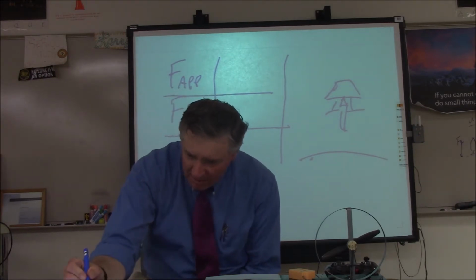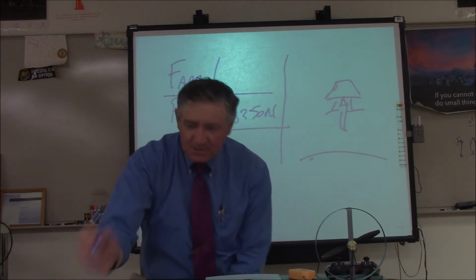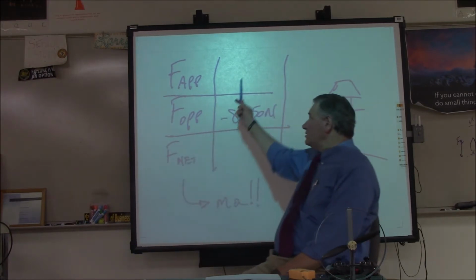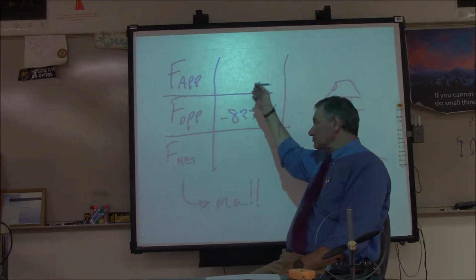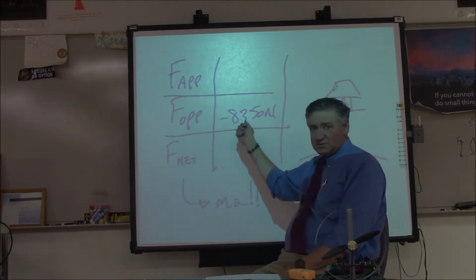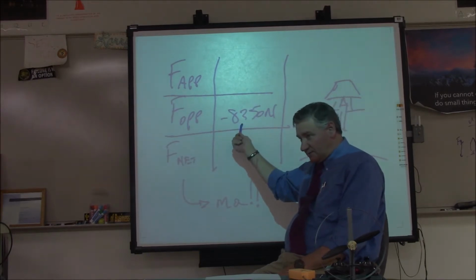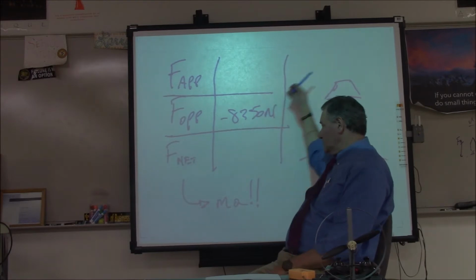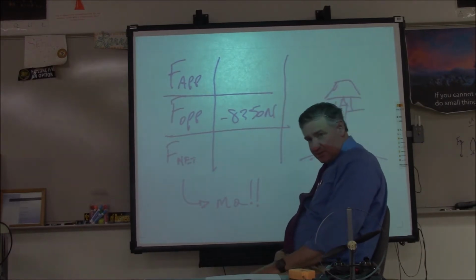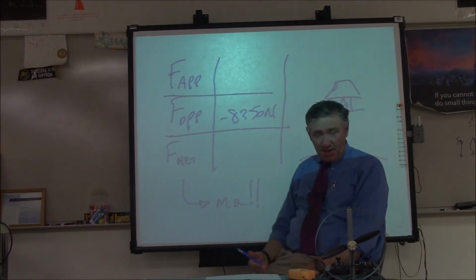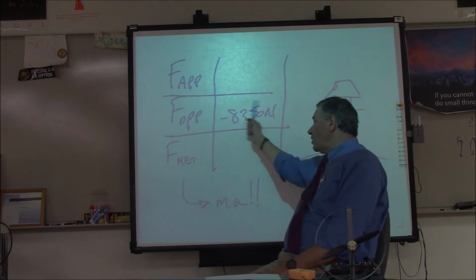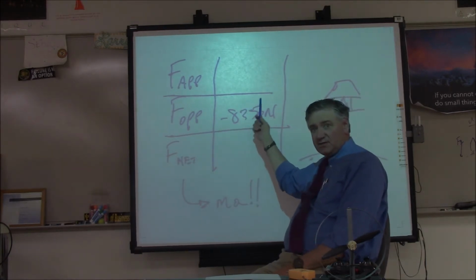So that's always negative 8350 newtons. So no matter what you do with this applied force, this force is always going to be present because you're always in a vertical gravitational field, okay? It's always trying to make you go towards the center of the moon or the earth or whatever that you're at. So no matter what, you can't get rid of this vertically, okay? You cannot get rid of it.